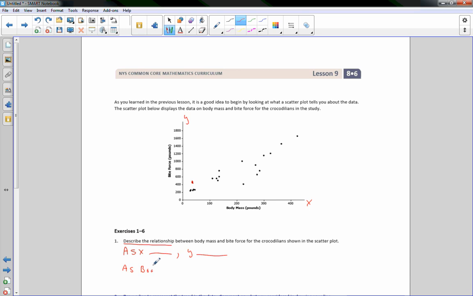As body mass increases, as we go to the right, in other words, as the weight increases, what happens to the bite force? Does it get greater or less? Well, as we're going to the right, this is going up. So I would say bite force increases. You always say as x, then y does this.